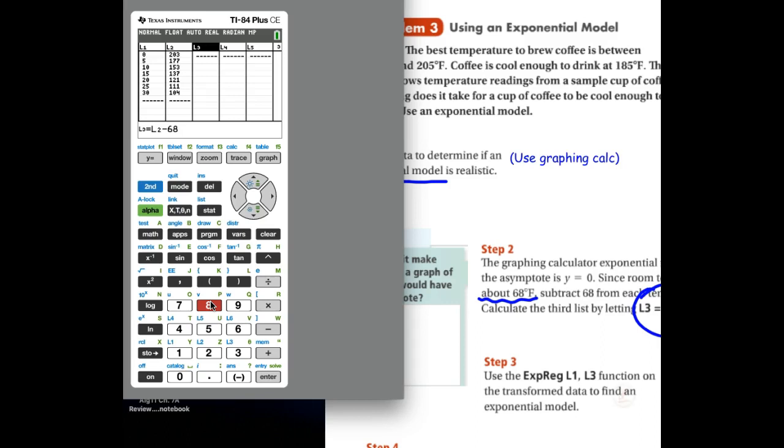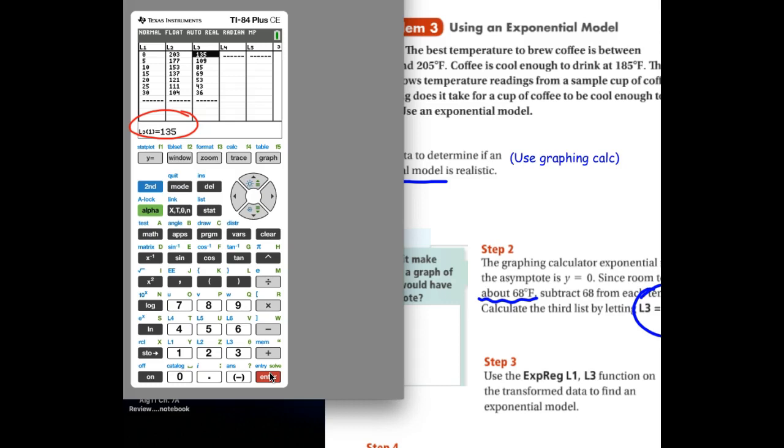Right down here, you're going to see a formula that was typed in. And when you hit enter, it's going to create that list for you. Does that make sense? So you don't have to subtract by hand. Your calculator can take them all and subtract 68.